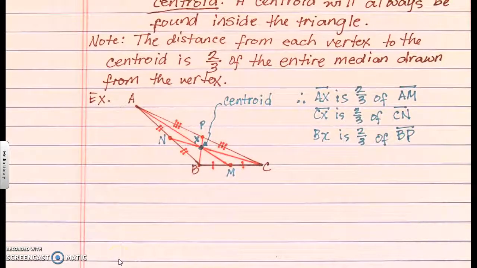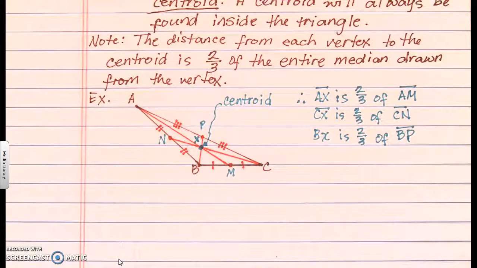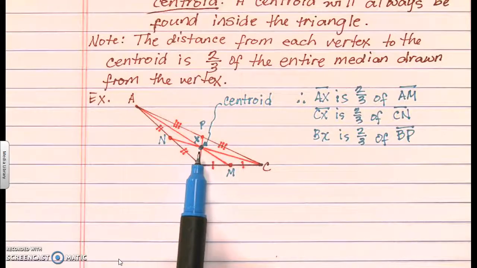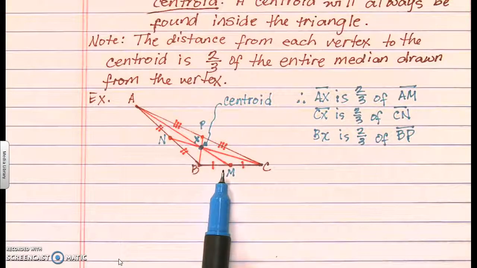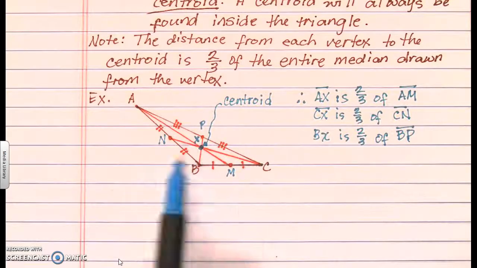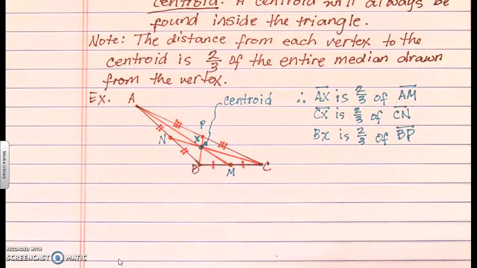So this means that if you have example triangle ABC with medians AM, CN, BP, that means that AX is going to be 2/3 of AM, and CX is going to be 2/3 of CN, and BX is going to be 2/3 of BP.